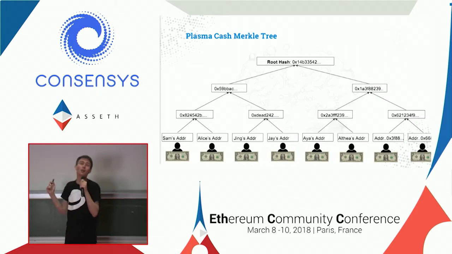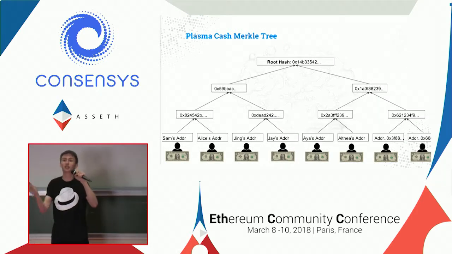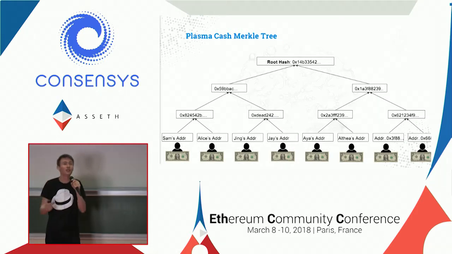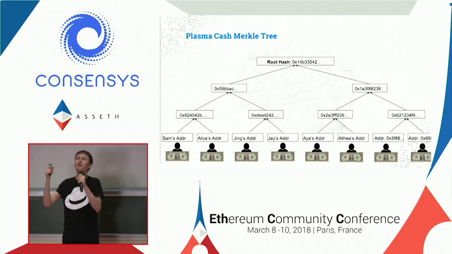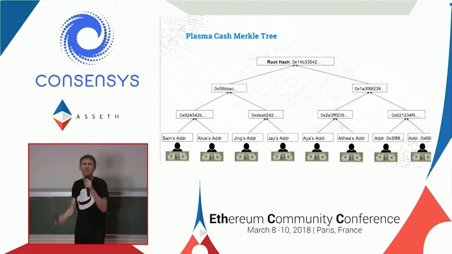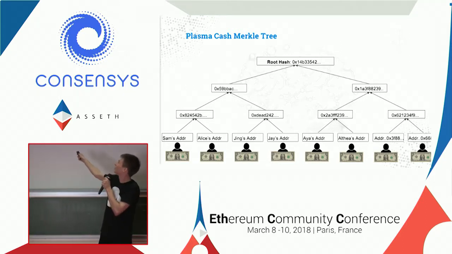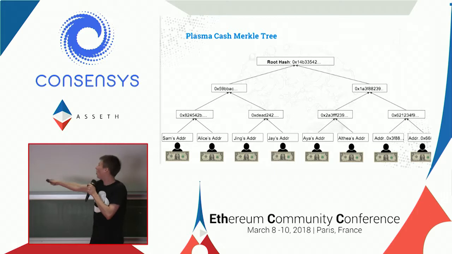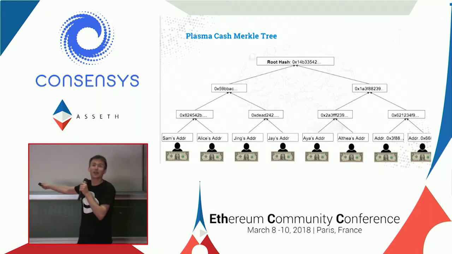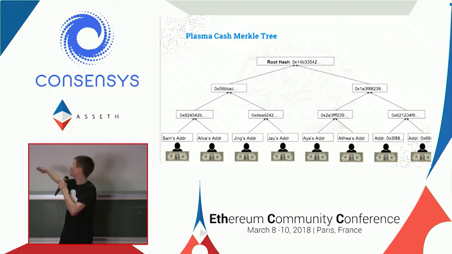Now, I really want to give more talks explaining Merkle trees because they're so incredibly useful for designing all of these things, because you can prove inclusion and you can prove exclusion. So you publish this one hash, right? And then you can prove that all of these things exist in that hash, or that something else does not exist in this tree.